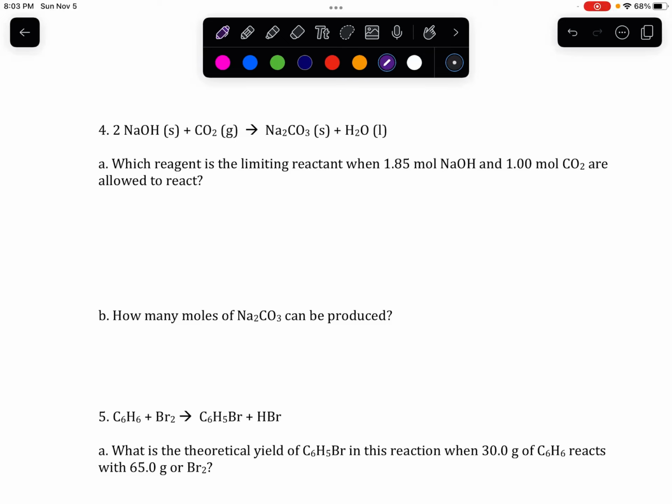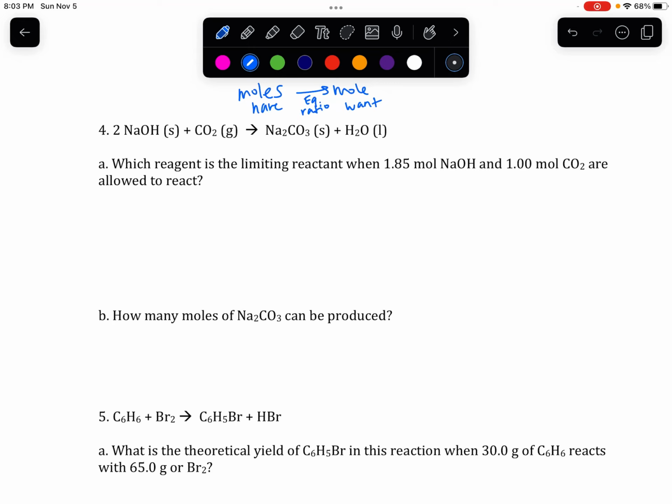This video is going to walk us through limiting reactants. So just to remind you, we always want to go from moles of what we have to moles of what we want using our balanced equation or our ratio.